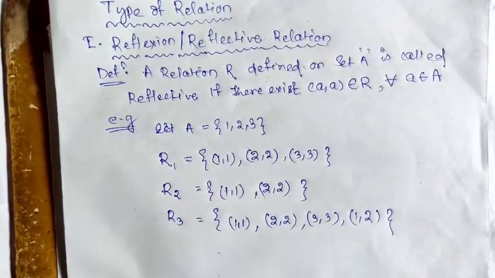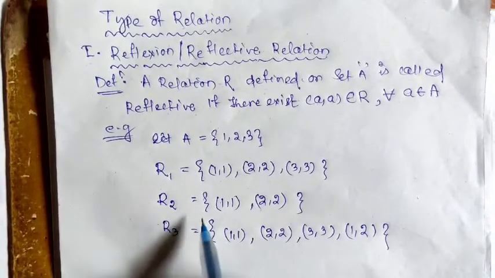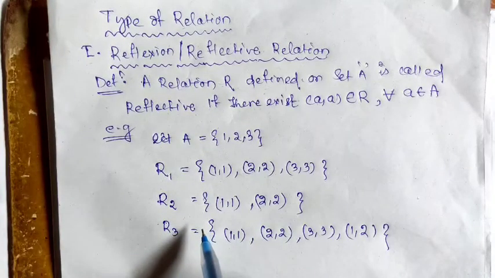Out of the three relations, which one is reflective?